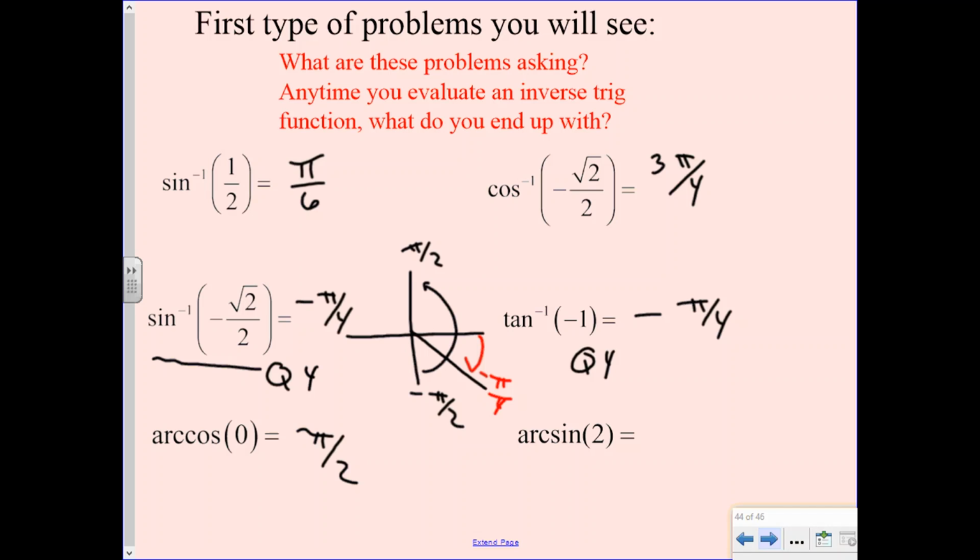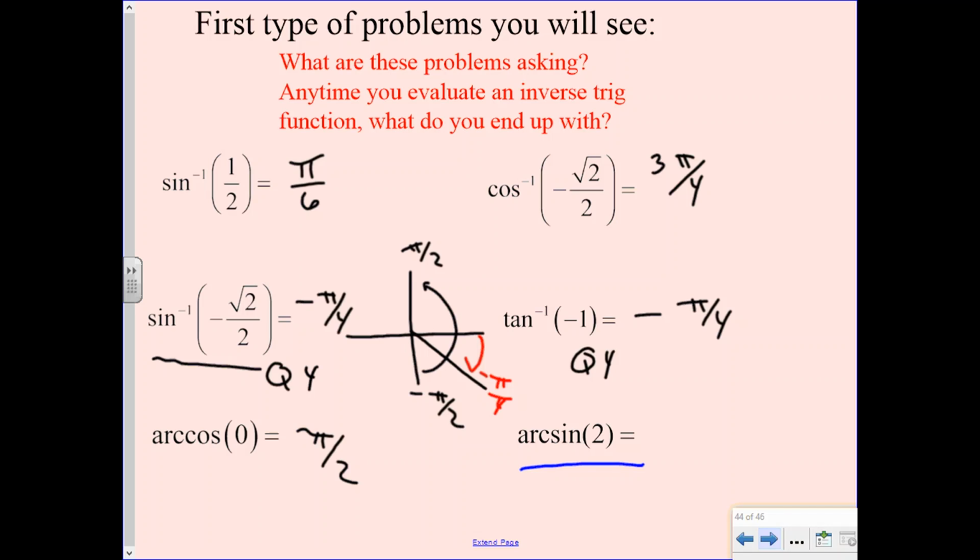How about the last one down here? This is a fun one. What would the arcsine of 2 be? If you're kind of wondering if something looks weird there, it should, because you should also remember that the domain of the arcsine, or arc cosine for that matter, is just between negative 1 and 1, because our parent functions, if you go all the way back to sine and cosine, your unit circle values are always between negative 1 and 1.